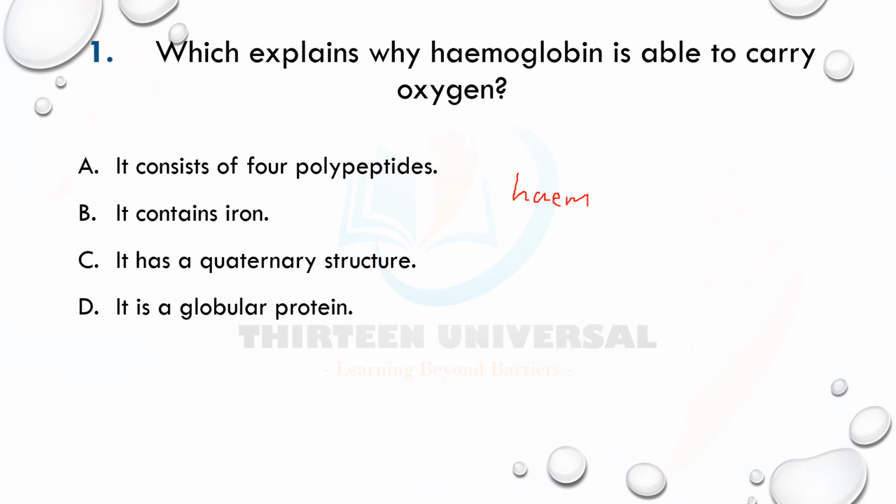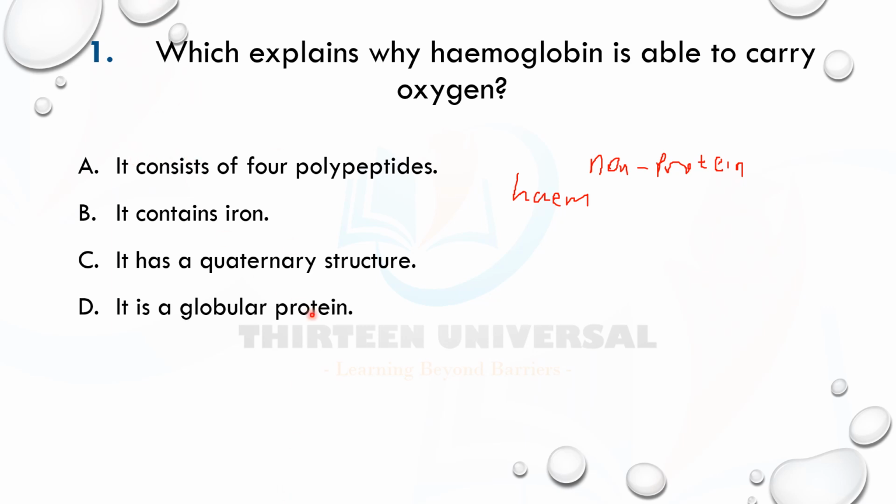A prosthetic group is a non-protein part of a protein that helps the protein to carry out its function. So it contains an iron 2 ion, and that helps hemoglobin to bind to oxygen.